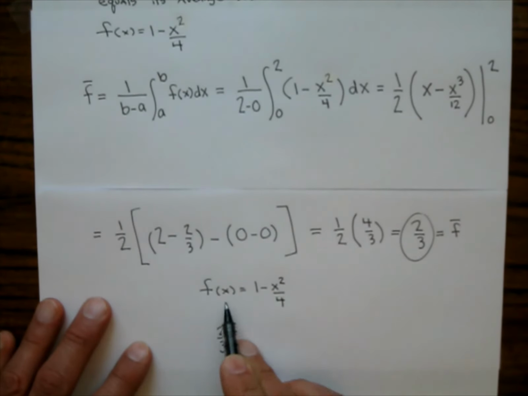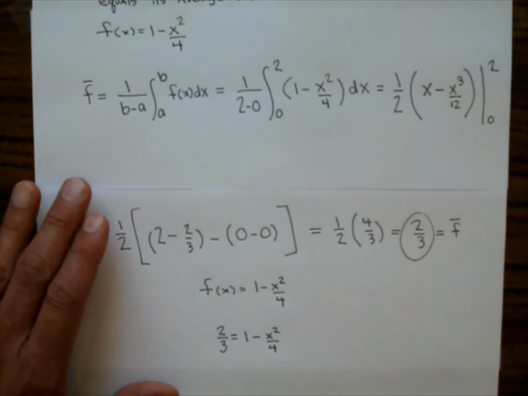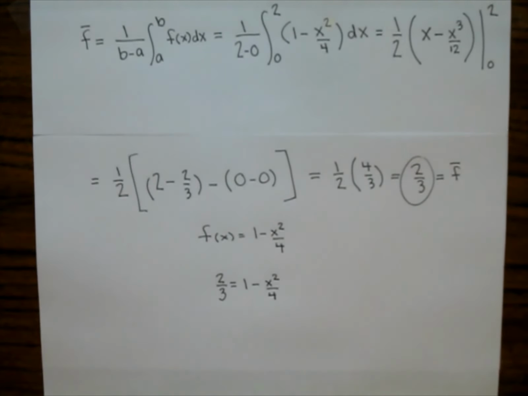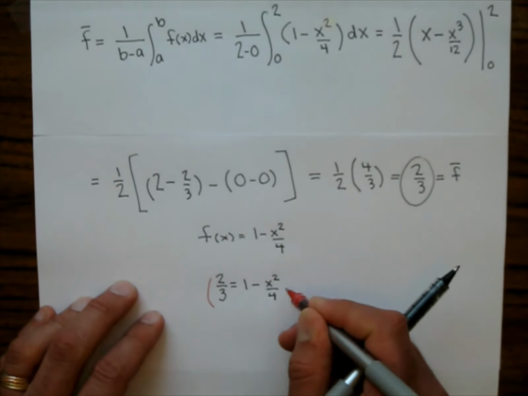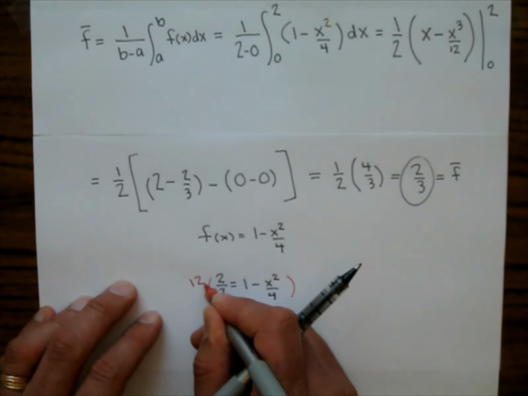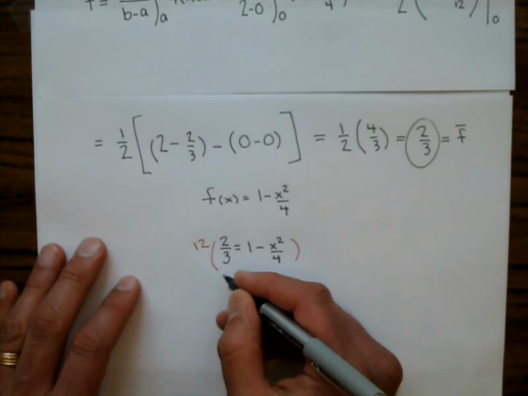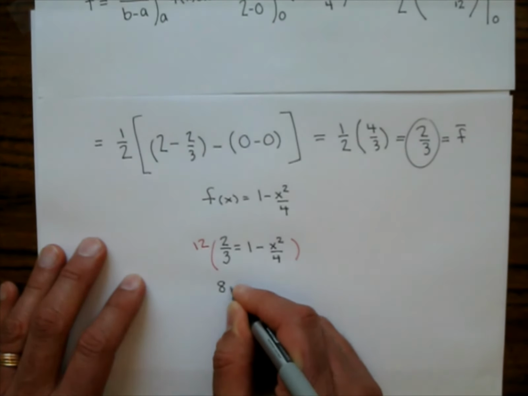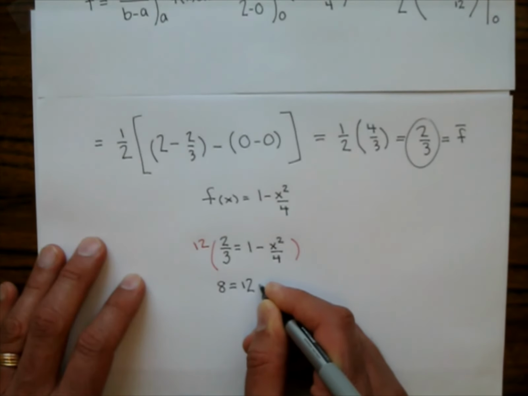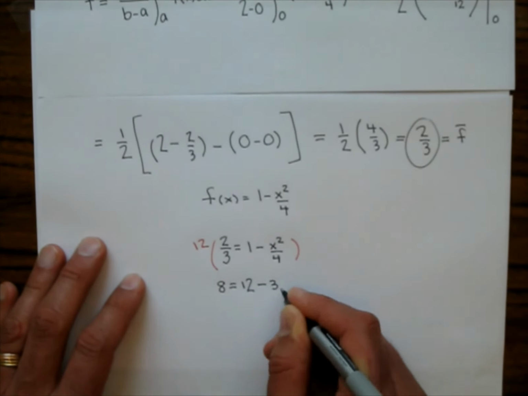So I'm going to put that in for f. So I have 1 minus x squared over 4. And now I have an equation to solve. I'm going to multiply both sides of that equation by the LCD of 12. So I end up getting 8 equals 12 minus 3x squared.